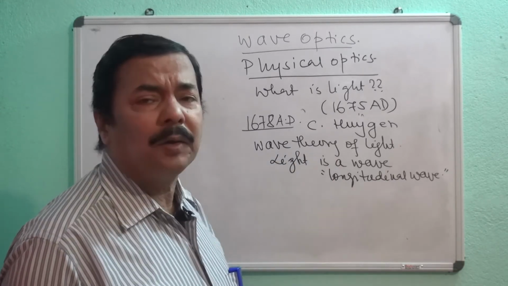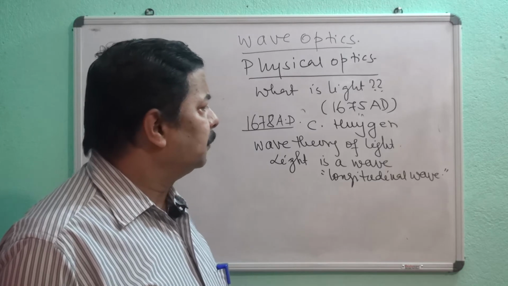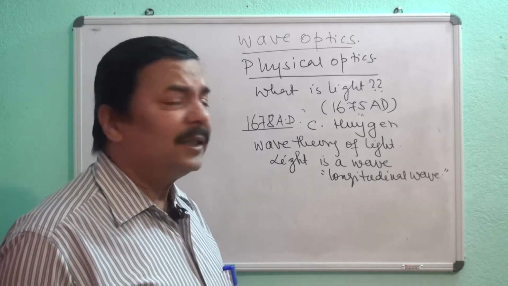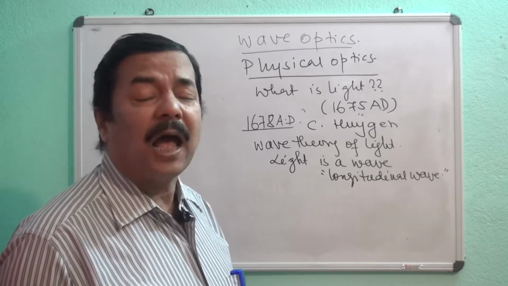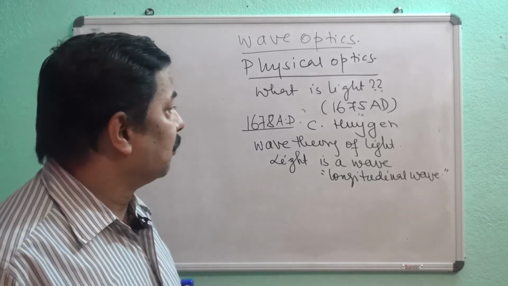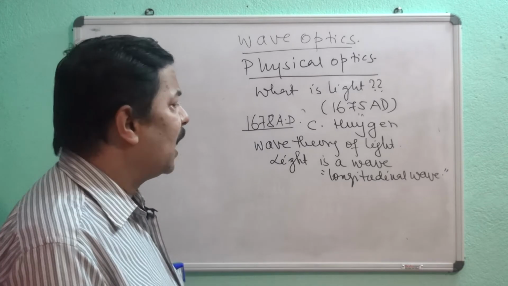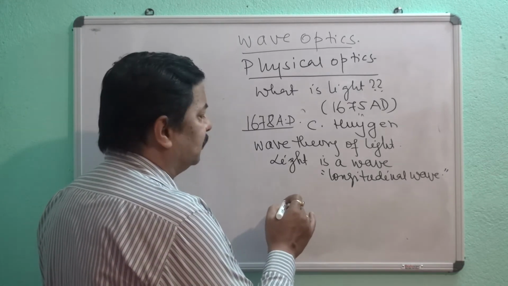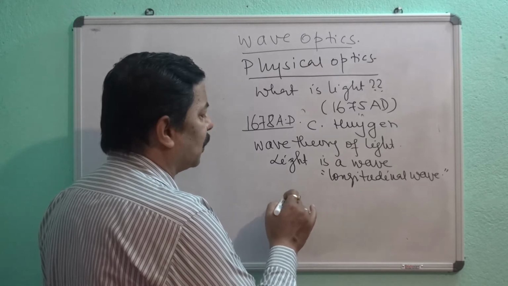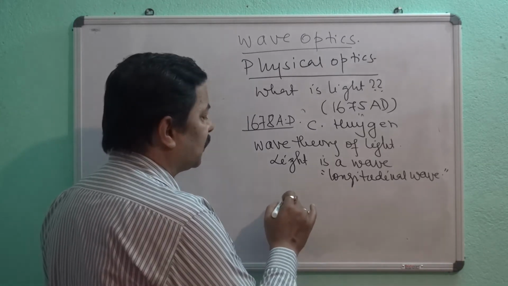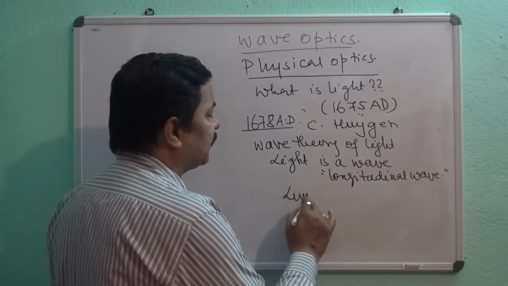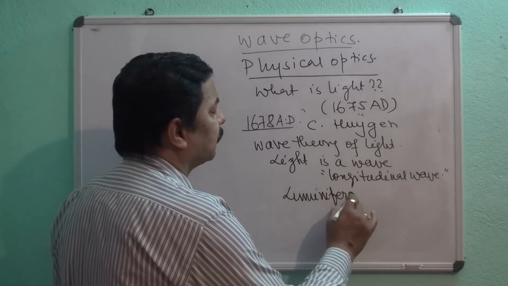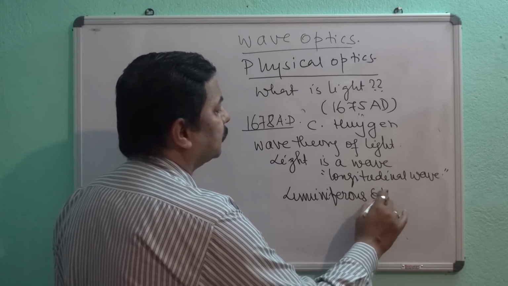If light is a longitudinal wave, then a medium is required. So at that time it was again an ad hoc, hypothetical assumption of Huygens that the entire space is filled with a hypothetical medium made of particles, which was called luminiferous ether.